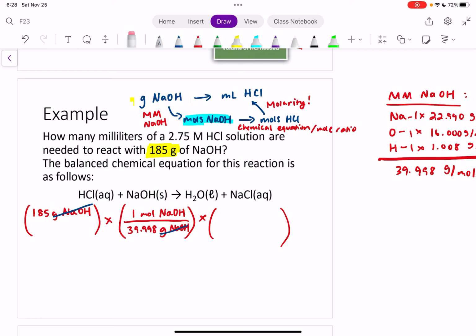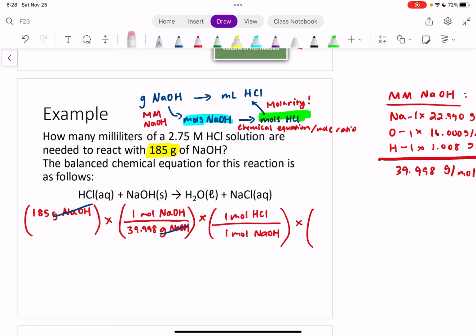Okay, so now we're in the blue, and we want to get to, let's go green, moles of HCl. So how do we get from moles of NaOH to moles of HCl? Yeah, we got to use this balanced chemical equation, where it says 1 mole of NaOH reacts with 1 mole of HCl. So in this particular problem, even if you left this step out, you'd probably get the answer right, and that's great.